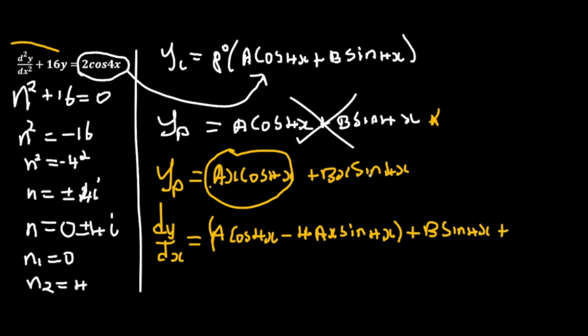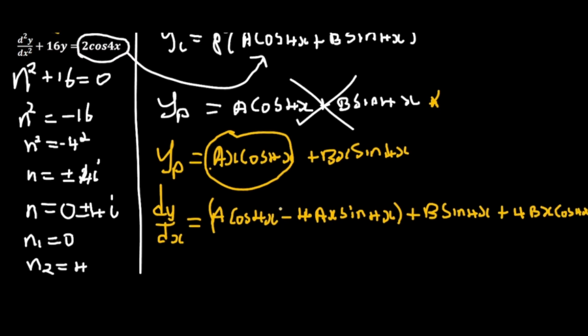Now the derivative of sine is cos, so we write positive, and when we differentiate 4x we get 4, so it will be 4bx cos 4x. So this is our first derivative.